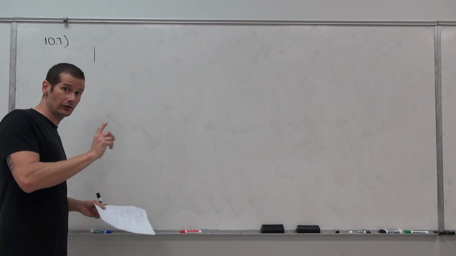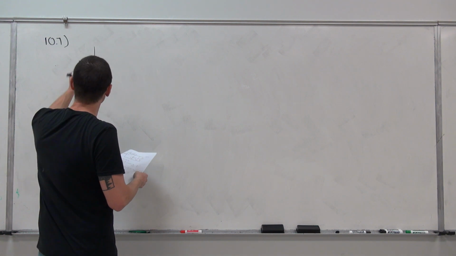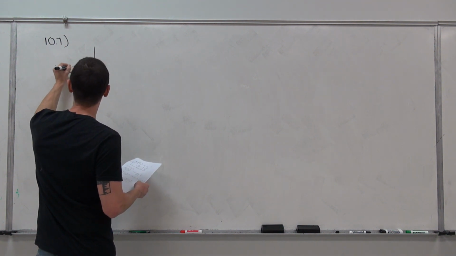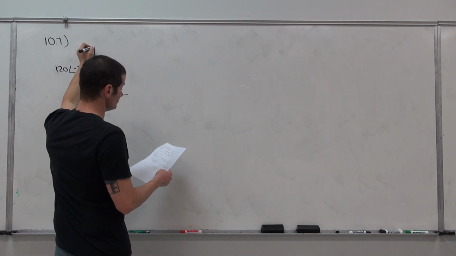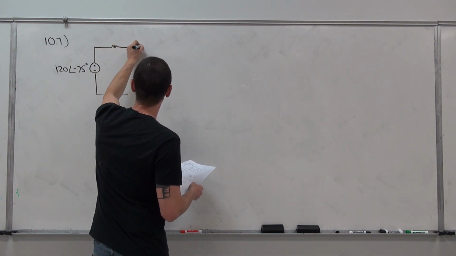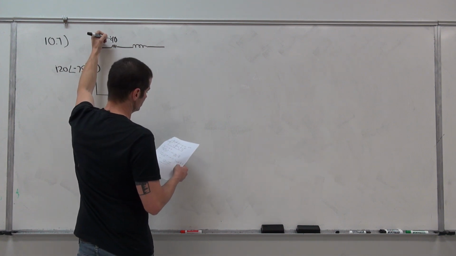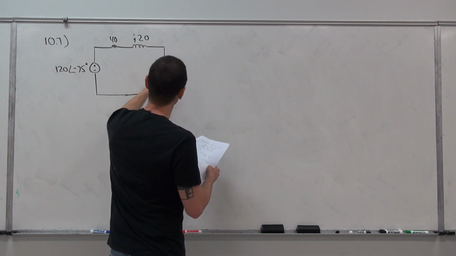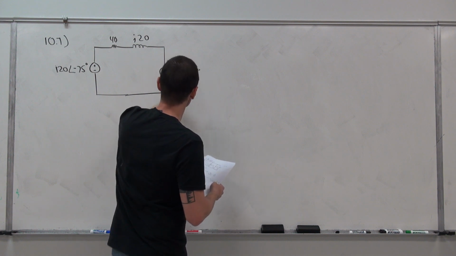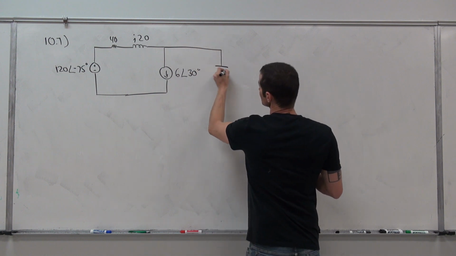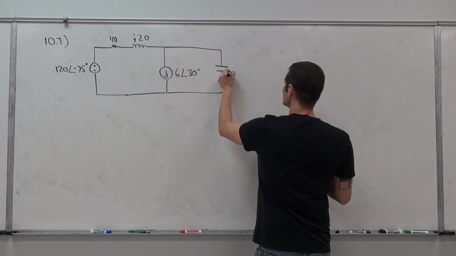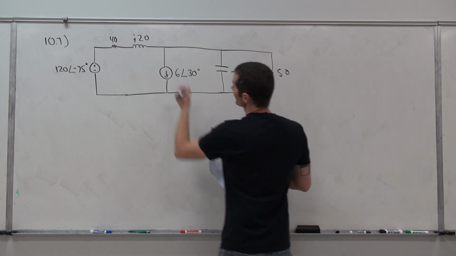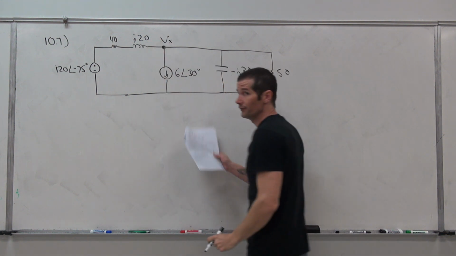The book already did the conversions into the impedance equivalents. And so the node voltage that they actually want to find, we just label as Vx.